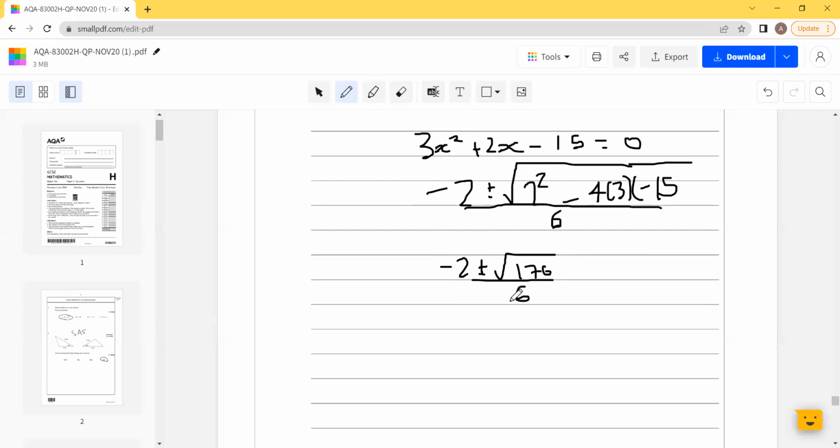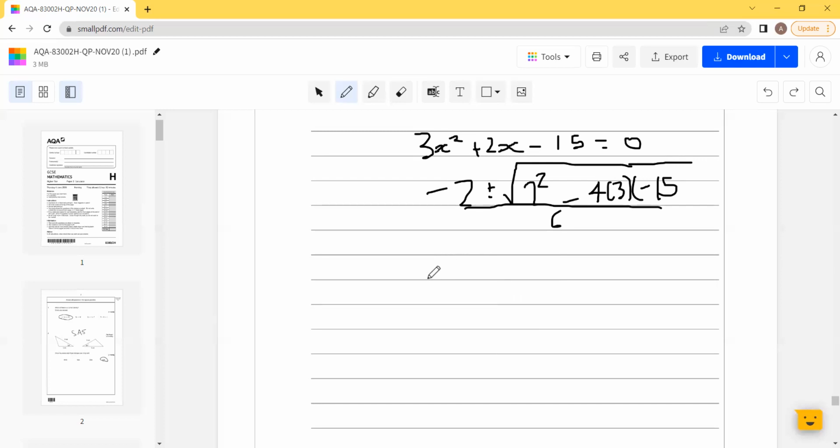What's inside the square root is the key thing. So 2 squared minus 4 times 3 multiplied by minus 15.